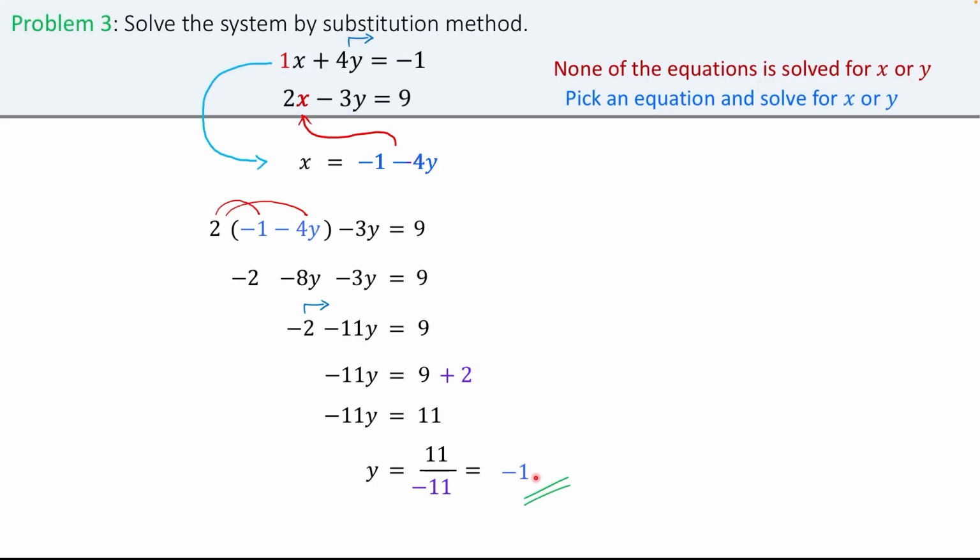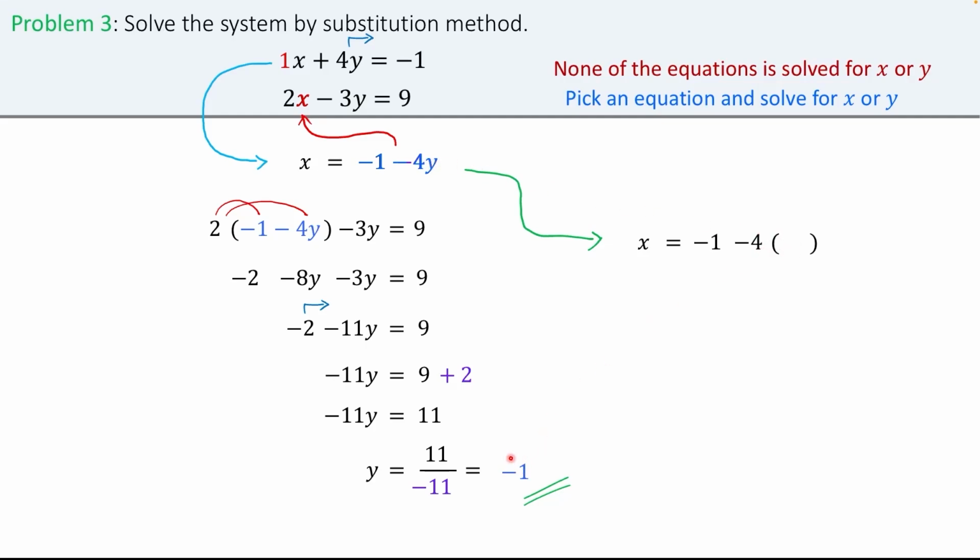Next we need to find the x value. This equation is solved for x, so substitute -1 for the y and you will get the x value. So x is equal to -1 minus 4 times y.